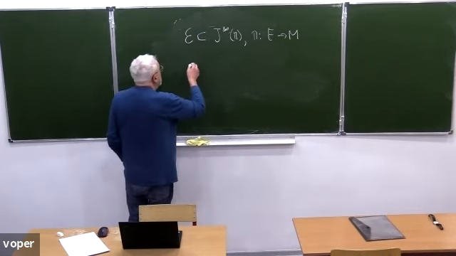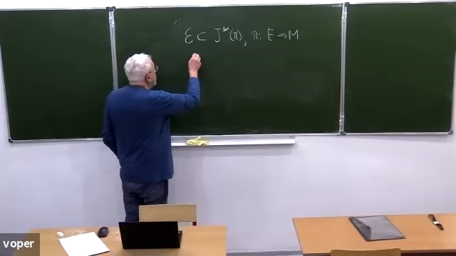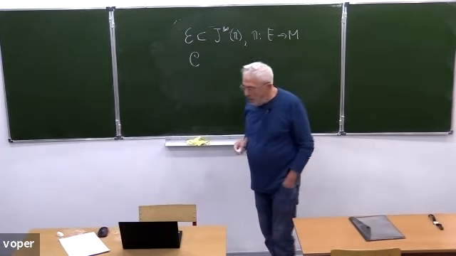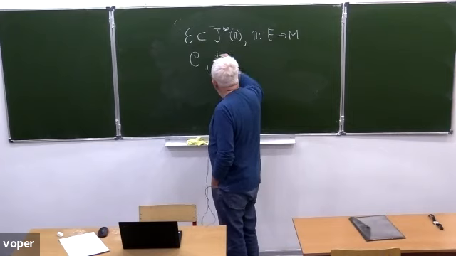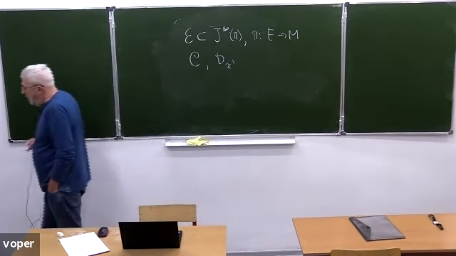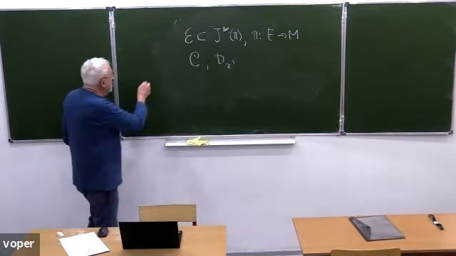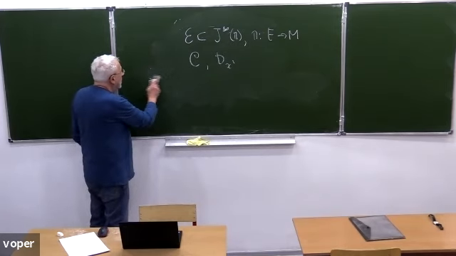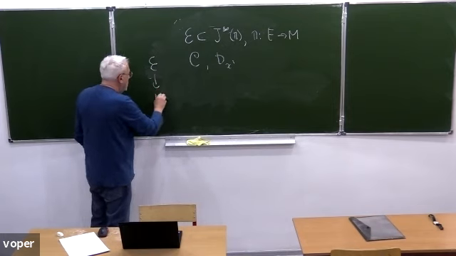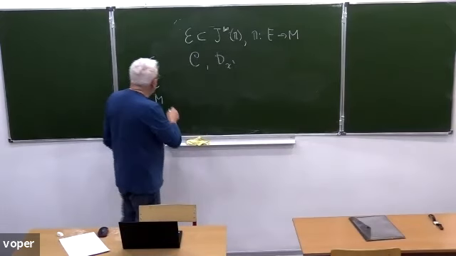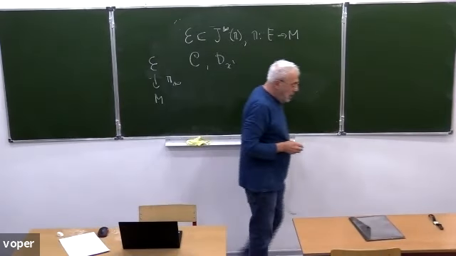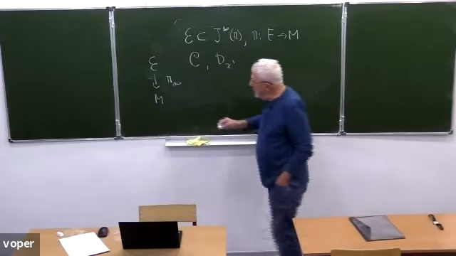This equation is endowed with the so-called Cartan distribution, which is locally spanned by total derivatives, and moreover, in the bundle, which I also denote by pi infinity, there exists a flat connection, the Cartan connection.